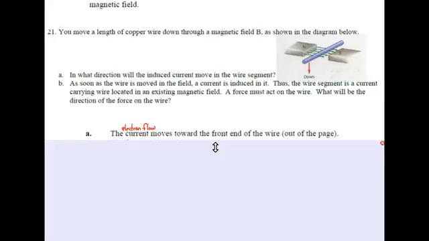The second part is a Lenz's law question. Not hardly any emphasis in the Regents course on Lenz's law, but nice to know here that, of course, if we put a current through the wire or induce a current in the wire, that creates a magnetic field, and that's going to interact with the existing magnetic field. Well, that's going to happen in such a way that the magnetic field produced by the wire is going to oppose the magnetic field creating the induced current.